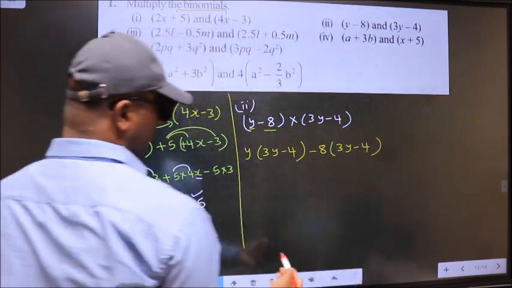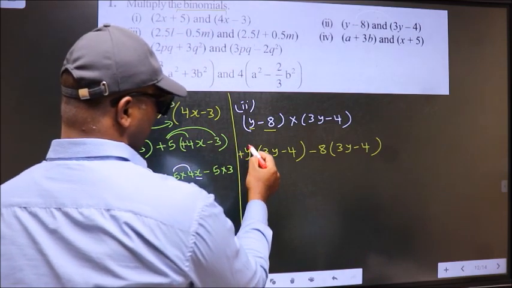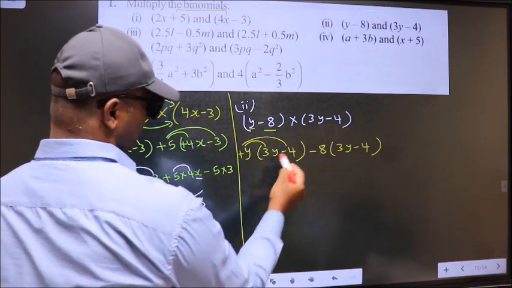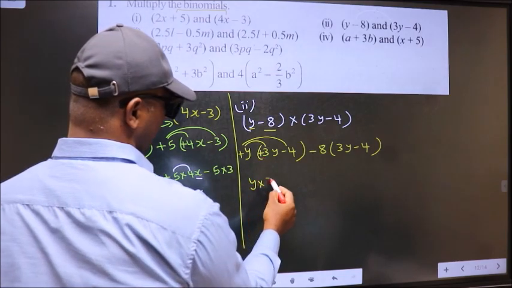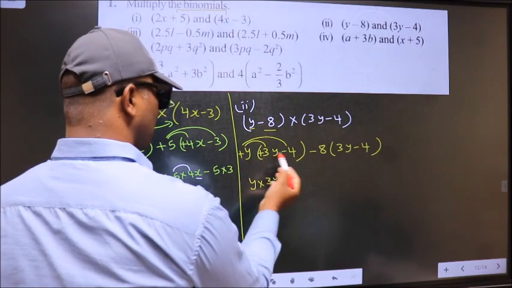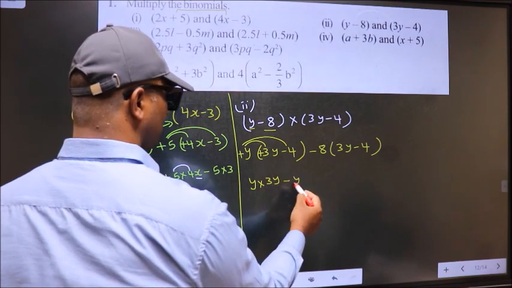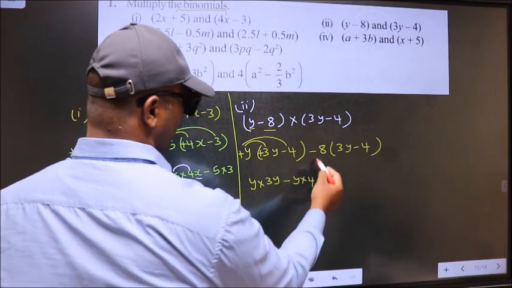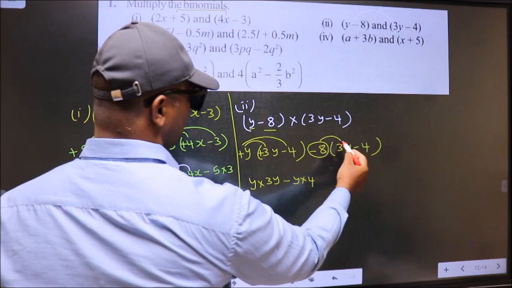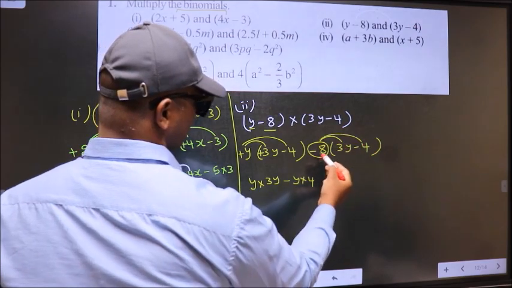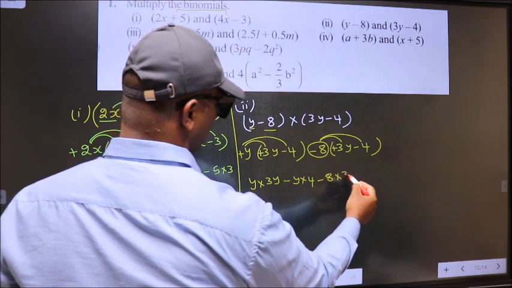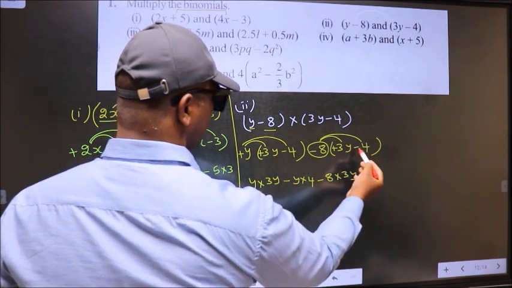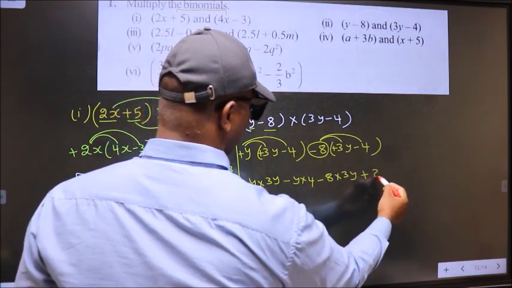Now with plus y you open up the brackets. So plus into plus, plus y into 3y, plus into minus, minus y into 4. Now with minus 8 we should open up the brackets. So minus into plus, minus 8 into 3y, minus into minus, plus 8 into 4.